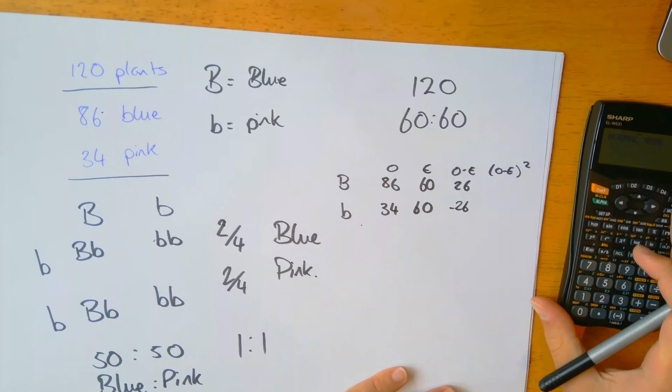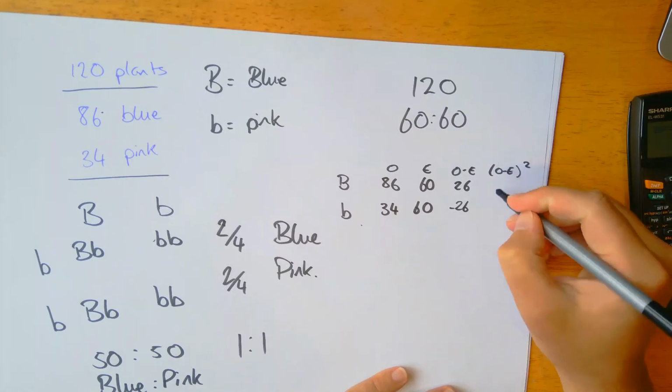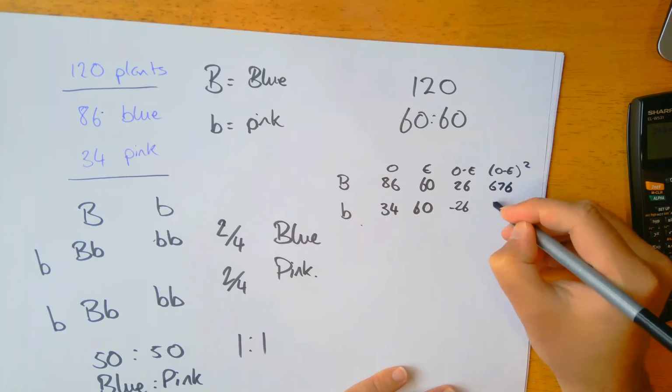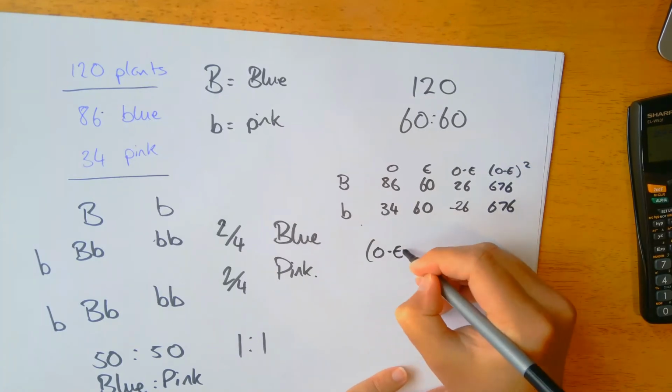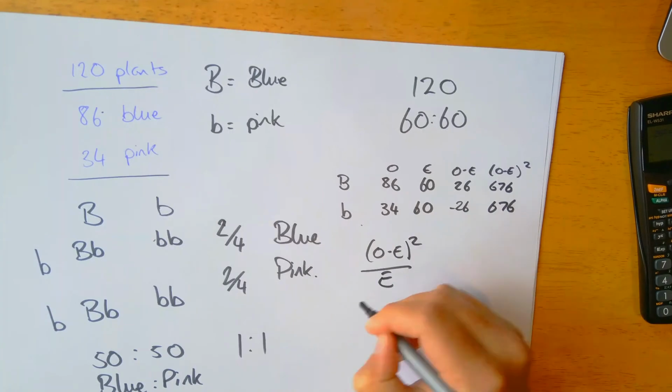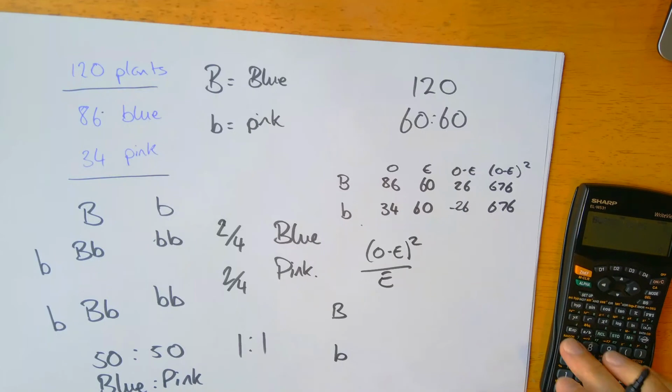And we would do our 26 squared, 676. Then our O minus E squared over E for blue and for pink. So 676 divided by 60.